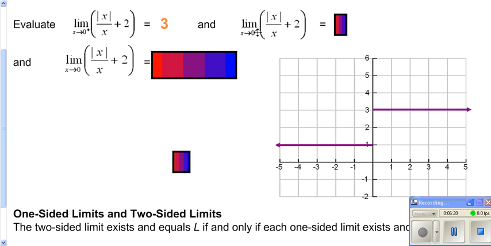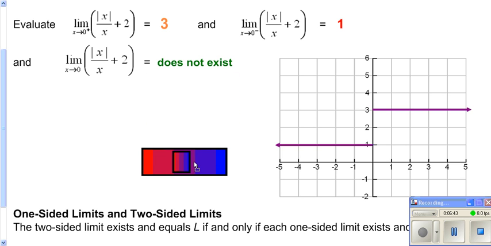Here, this is saying as you come in from the left side, slightly less than 0, we come in from this way here, and we're always at a height of 1, so your limit there is 1. Now, your two-sided limit is only going to exist if these two numbers from your one-sided limits are equal. Since 3 does not equal 1, we would say your two-sided limit does not exist. But we do have one-sided limits that exist.